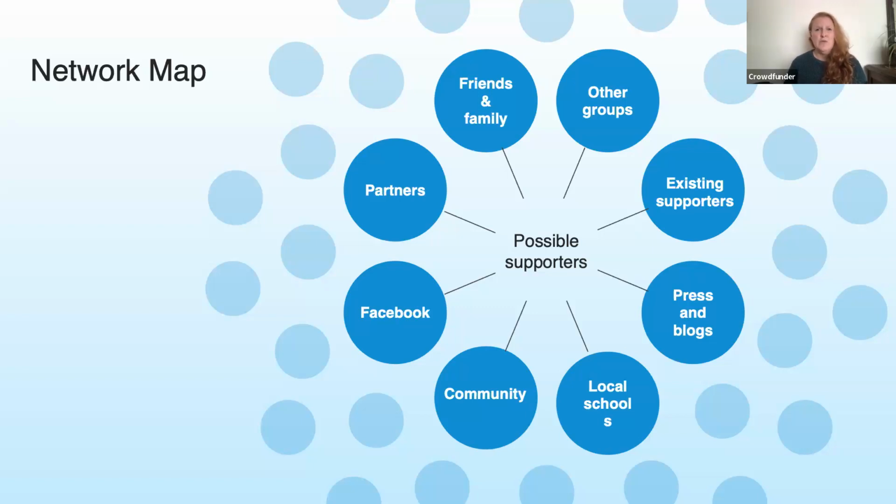And then of course you've got things like local schools as well, colleges, any kind of academic centre locally where they may be able to share on your behalf. And finally, press and blogs. Most towns and cities have local radio stations, local press outlets. Do have those conversations about promoting your crowdfunder with them.